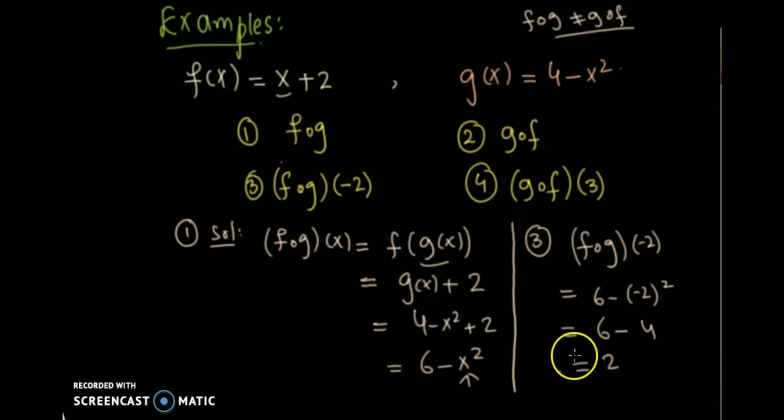You can first compute g of minus 2 and whatever the answer is, put it into f. So what is g of minus 2? You substitute minus 2 here, so you will get g of minus 2 is 0. Then you put this 0 into f, you will again get 2. Then we have got g of f in the second part.